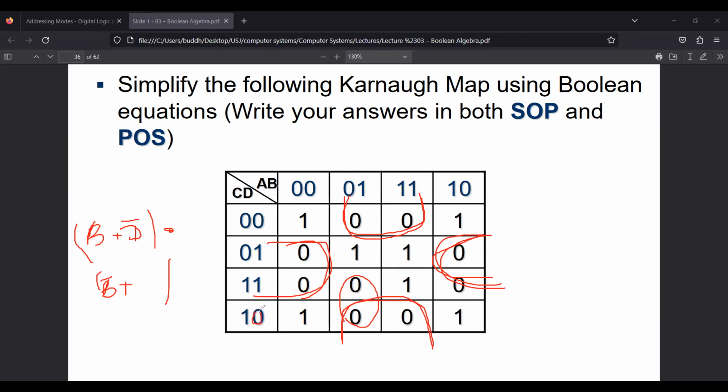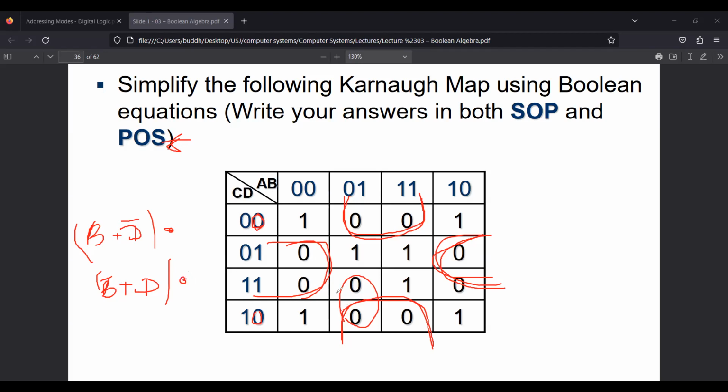Right, 0 is not going to change. And it is D since it is 0, so it is D bar. So since it is 0 in the POS format, we need to get the negation D bar, and we need to negate that, but it is D, right?